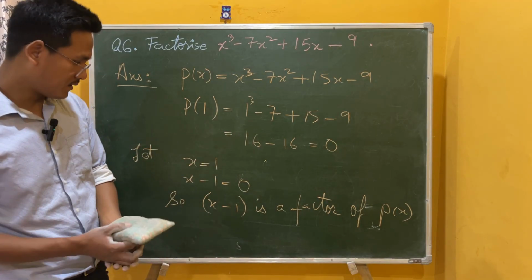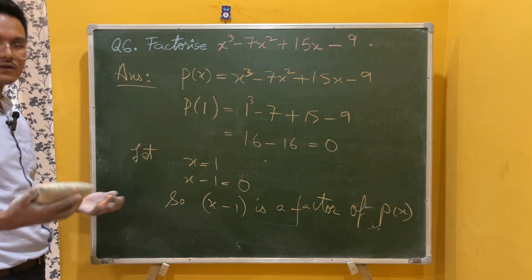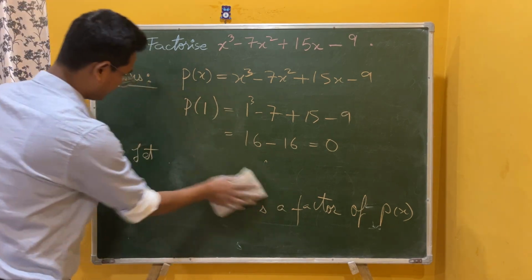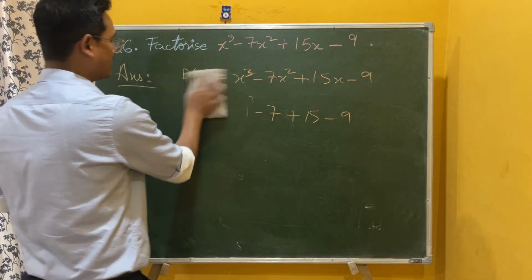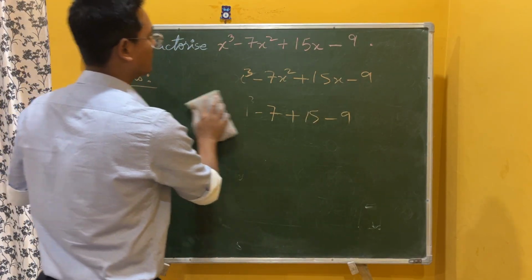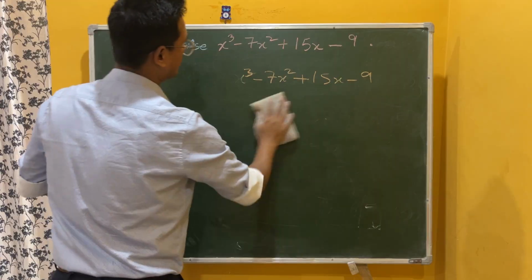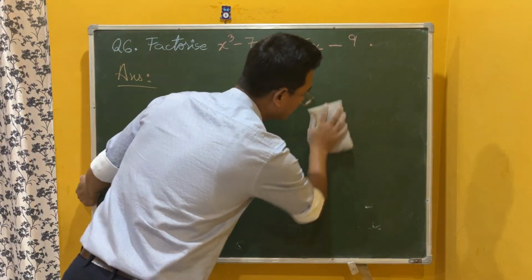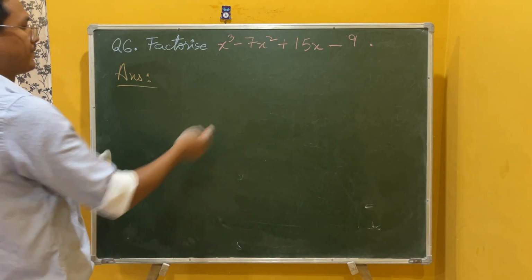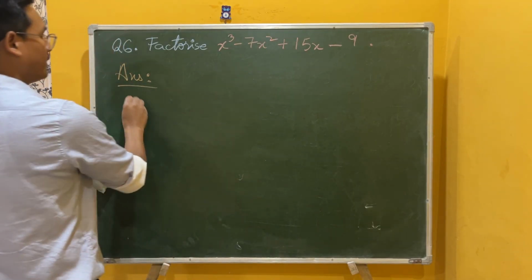Sometimes half is also there, plus minus half. Usually go for 1, 2 and 3, plus minus. And I hope you get your answers in your first trial. So next, what we'll do?